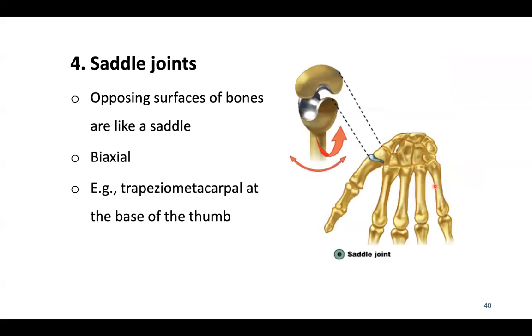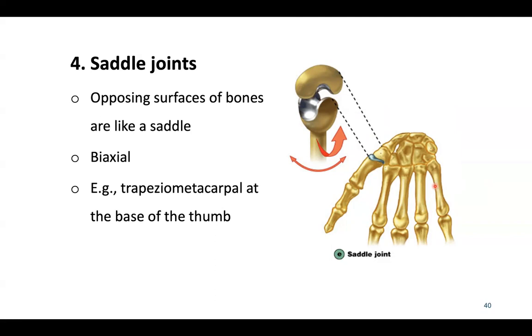The fourth type is a saddle joint. The articulating bone surfaces are like a saddle, so both of the articulating bone surfaces contain concave and convex parts. Saddle joints are also biaxial. They allow movement in 2 axes: flexion and extension, and also abduction and adduction.